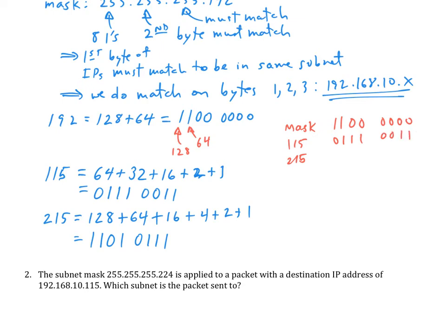And here's the 215: 1, 1, 0, 1, 0, 1, 1, 1. Now we need agreement in the first two bits, because those are where the mask bits are 1, and the question is, do they agree here? And the answer is no. Hence, they're not on the same subnet.